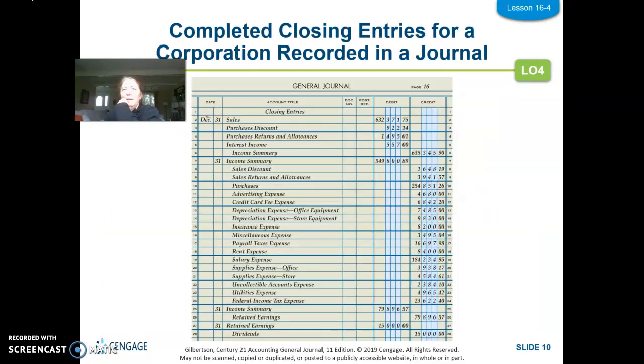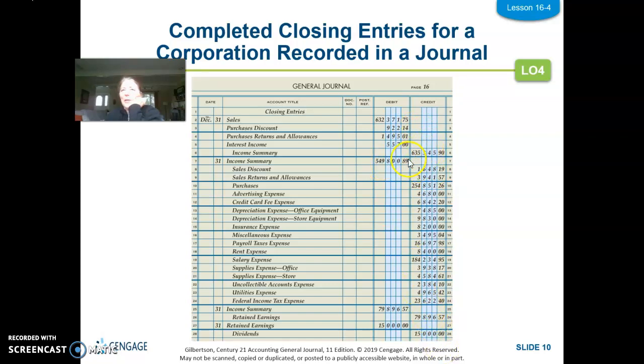So after I've done all 4, this is what it looks like. I've gotten rid of all my credit balances and temporarily put them in income summary. I got rid of all my debit balances from the income statement by crediting them and put it into income summary.